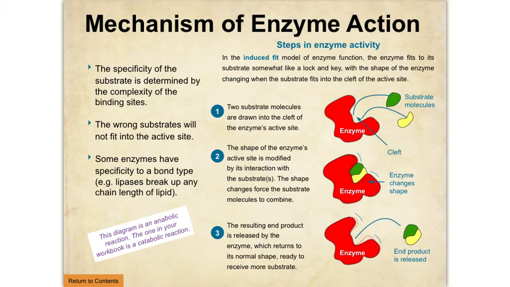Okay, so here are the steps in enzyme activity. We call this induced fit because the enzyme sometimes will open up to allow for that active site to be exposed. When the substrate molecules go in, the enzyme will change shape to allow those molecules to fit together in such a way to break bonds or form bonds, and then it releases them.